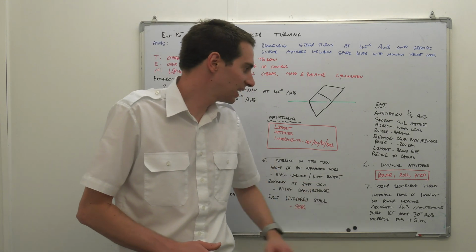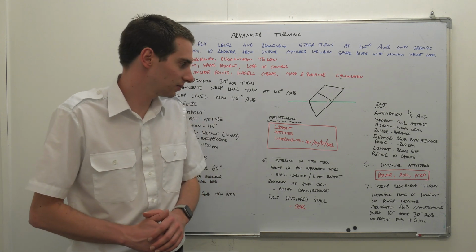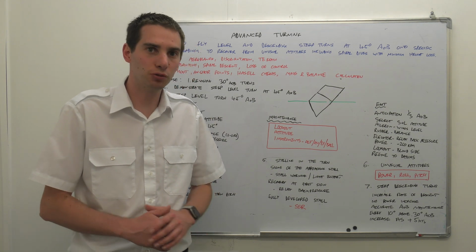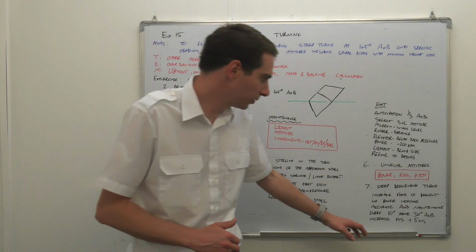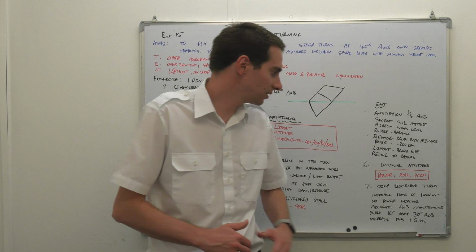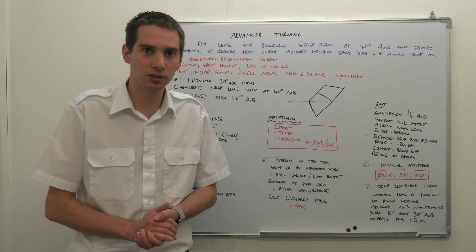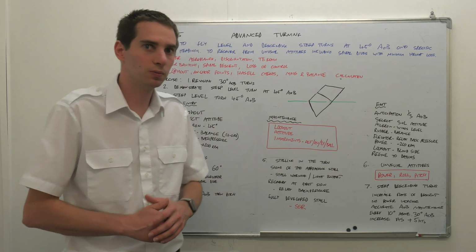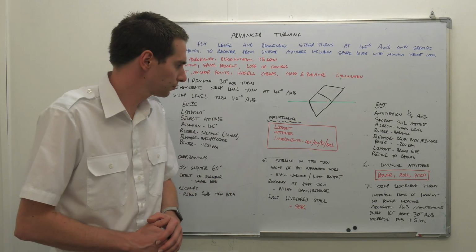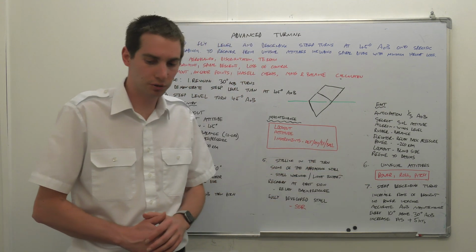However, for every 10 degrees above our 30 degrees angle of bank, we need to be increasing the airspeed. So, for example, if we wanted to do a gliding descent at 45 degrees, we would have to increase our airspeed by 15 knots. That gives us a safe margin above the stall in the aircraft. But apart from that, we still use the same process.